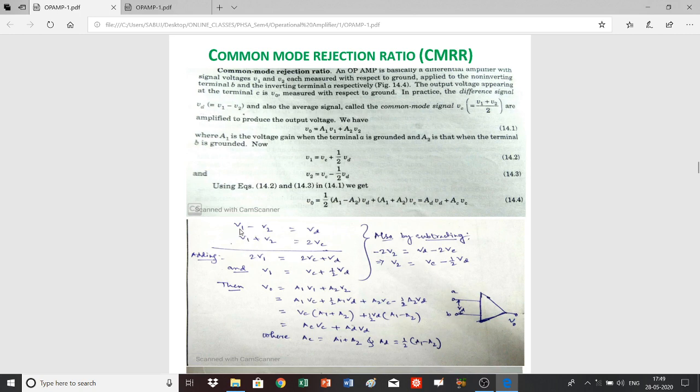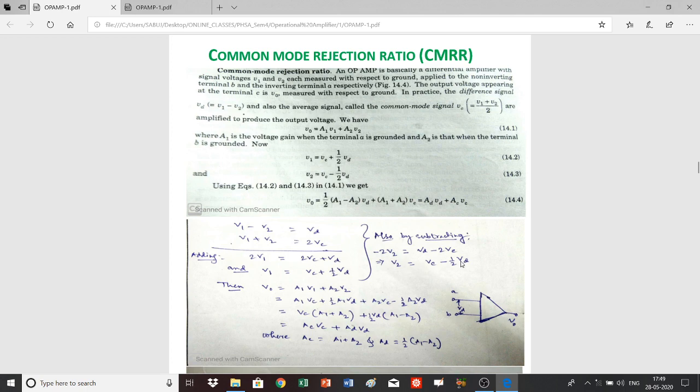The common mode signal voltage is Vc equal to V1 plus V2 by 2. After simplification you can find that V1 is equal to Vc plus half Vd, and V2 is equal to Vc minus half Vd.